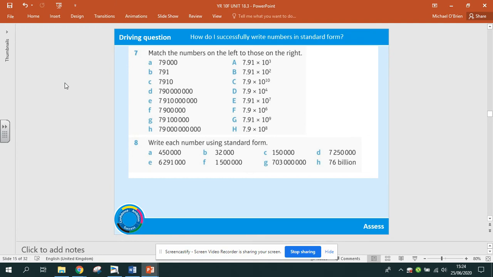Then underneath again, we have numbers in standard form, or to write numbers in standard form. Be careful with question H. So pause the lesson now, work out your answers.